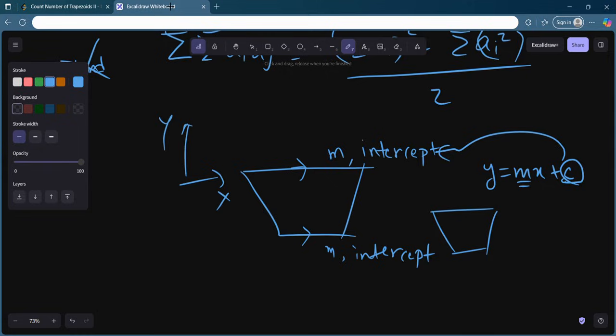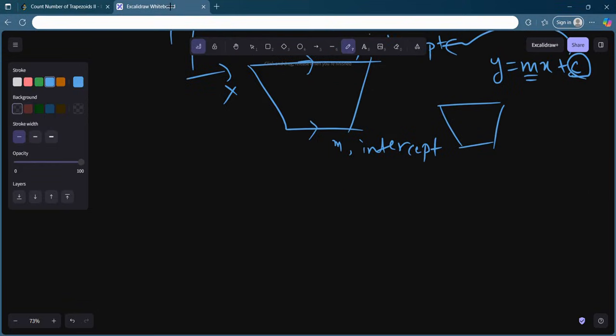So what we can do is store a map. You can map the values of slope to a vector of intercepts. Why a vector of intercepts?